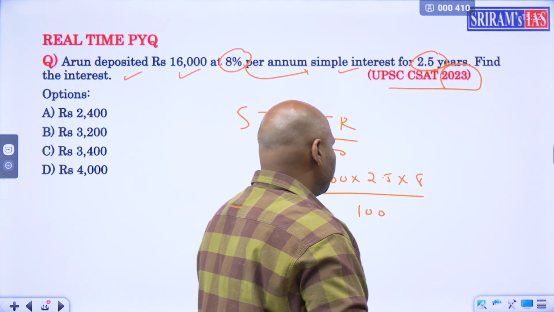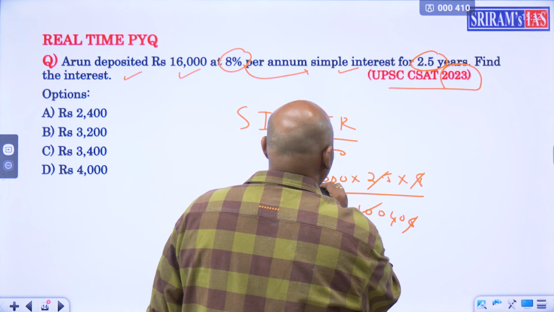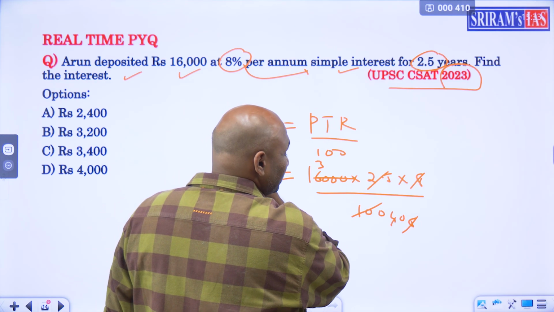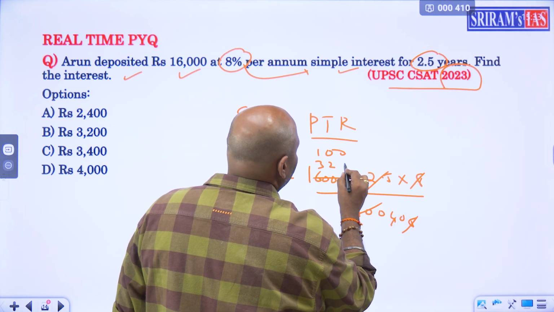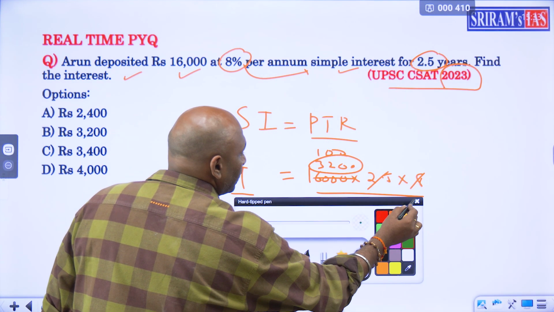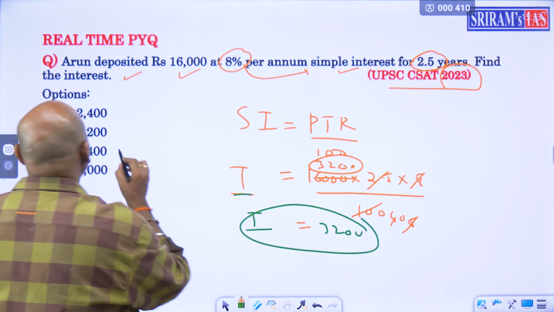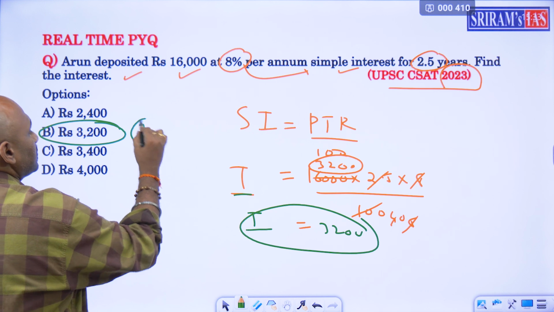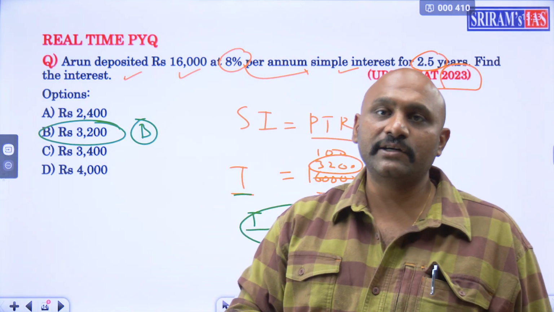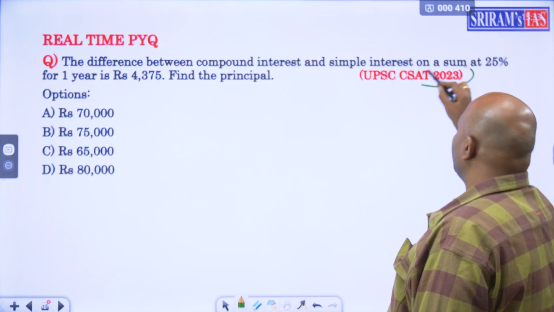If you solve this, the interest amount which is accumulated is 3,200. Like this we can solve a very simple question. It was asked in 2023. So when you look at the paper, first look for such kind of easy questions. As simple as that.